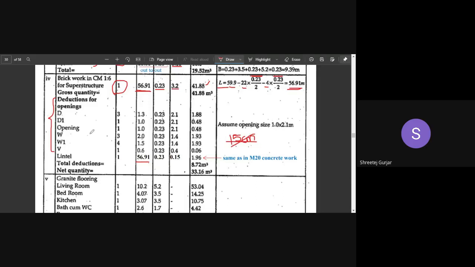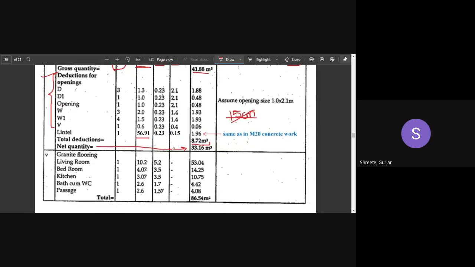It is an all around lintel. So I will skip the deduction part. You can calculate the net quantity, that is 33.16, by deducting your deduction quantity from the gross quantity. You get the net quantity of your brickwork.